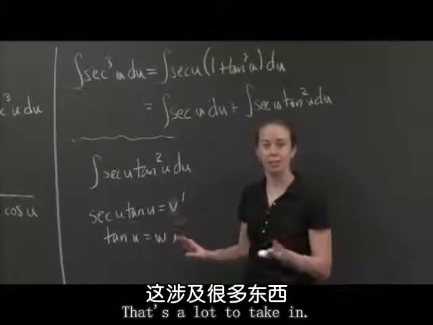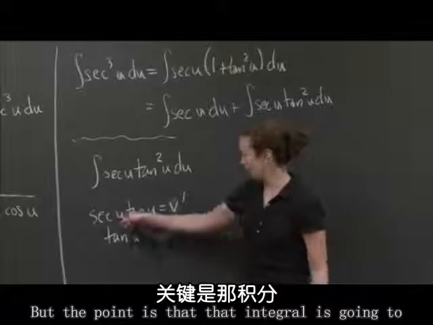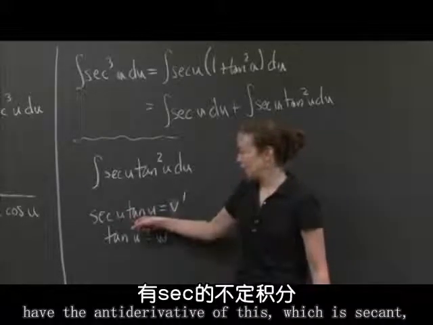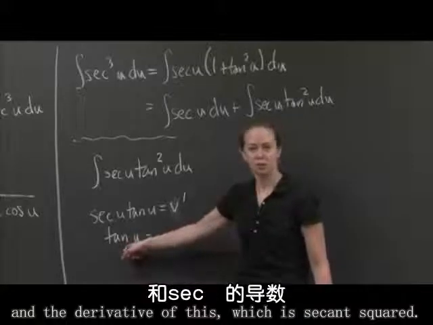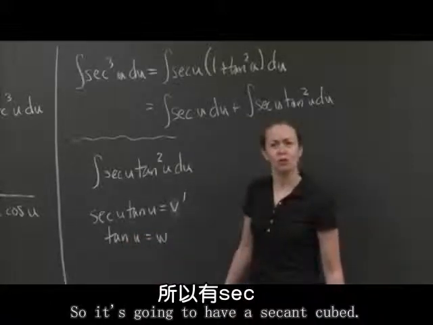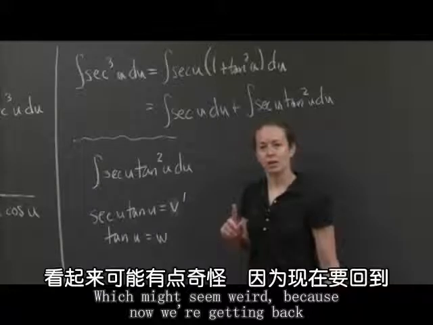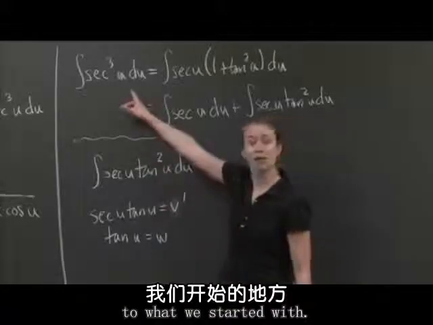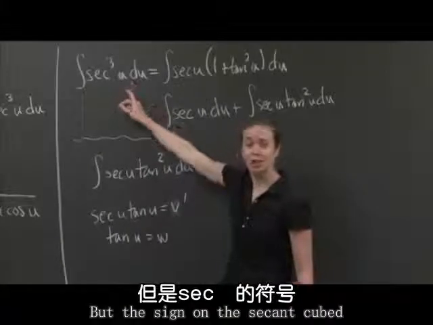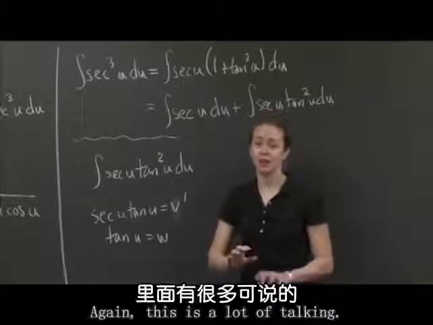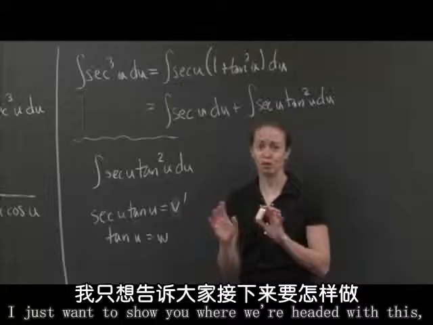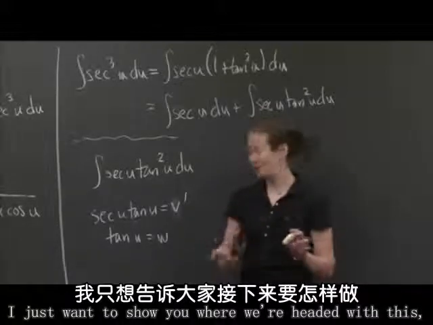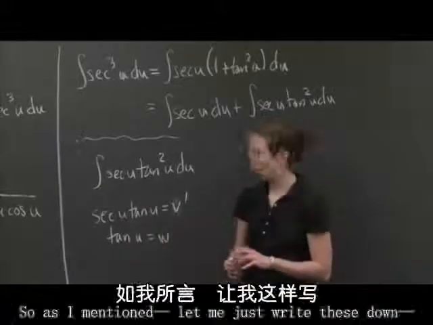That's a lot to take in, but the point is that that integral is going to have the antiderivative of this, which is secant, and the derivative of this, which is secant squared. So it's going to have a secant cubed, which might seem weird, because now we're getting back to what we started with. But the sign on the secant cubed is going to be opposite. Again, this is a lot of talking, but I just want to show you where we're headed with this, why I picked the things I did.